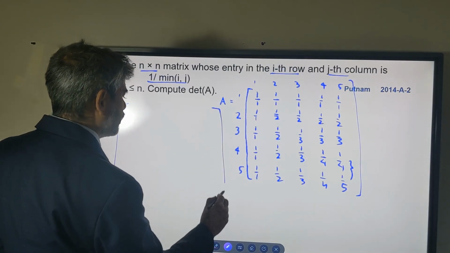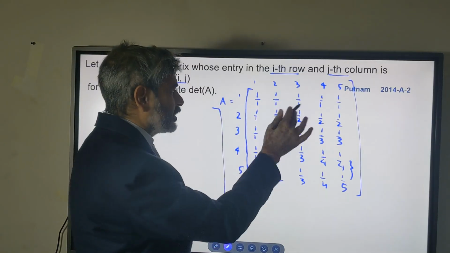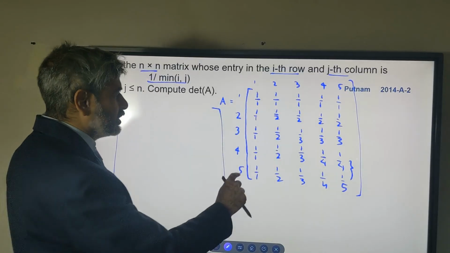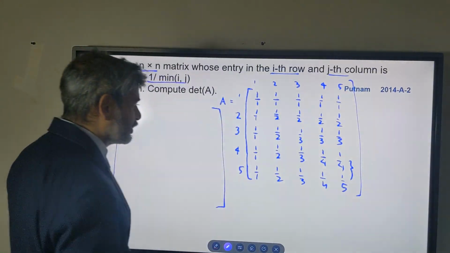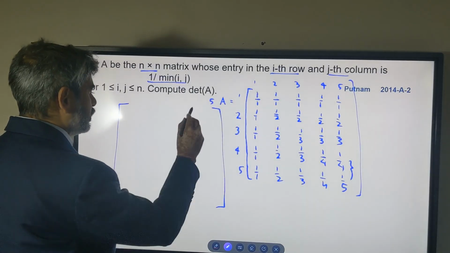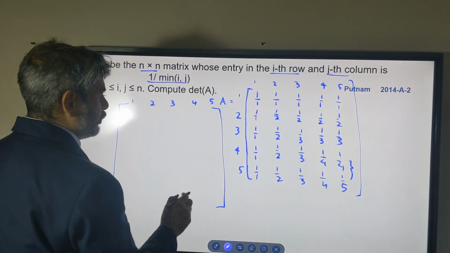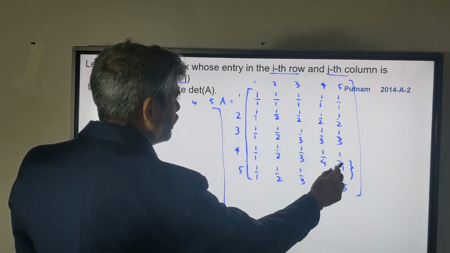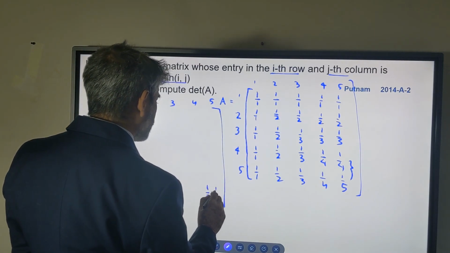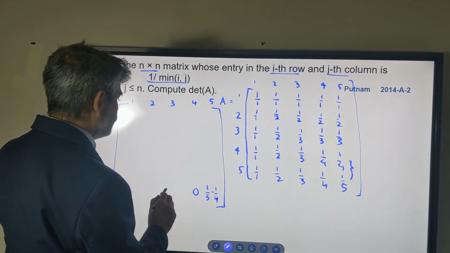Because if you want to compute the determinant, you want entries that are mostly zeros as much as possible. So in the last row, if I subtract from the fifth row the fourth row, then this entry is going to be 1 by 5 minus 1 by 4 and the rest of the entries become 0.